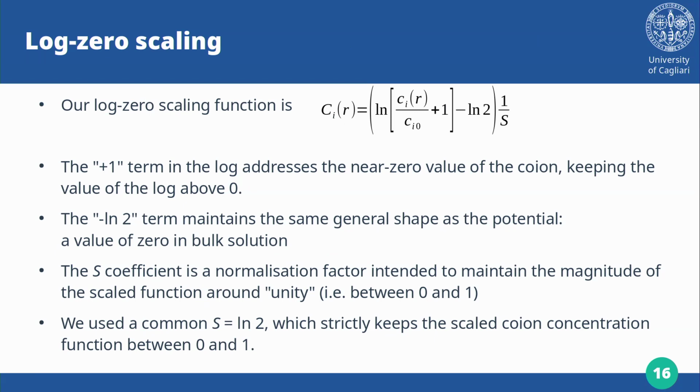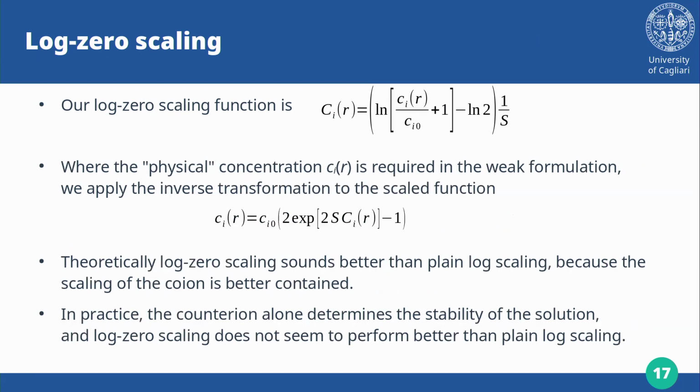So I thought that was a clever way of doing it, and we can extract back the physical concentration by inverting, of course. But when I stopped to have a closer look, it performs the same as the simple log scaling, but not worse.